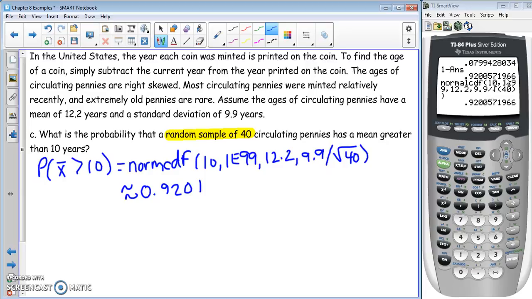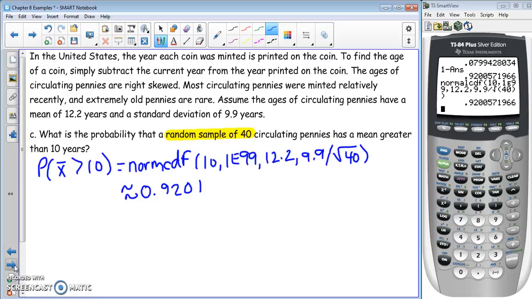You'll notice here we get the same answer either way. If you have a calculator that has the menu, it's the same thing. Second vars, normal CDF. You type in your lower, which is 10, press the down arrow, type in your upper, 1E99, go down to mu and type in 12.2, go down to sigma and type in 9.9 divided by the square root of 40, close your parenthesis, go down to paste, press enter, and then press enter again.